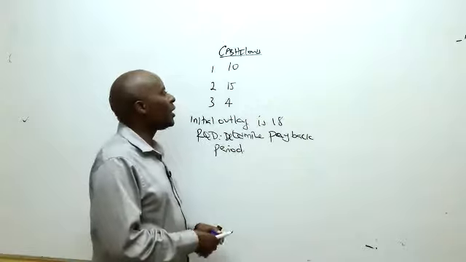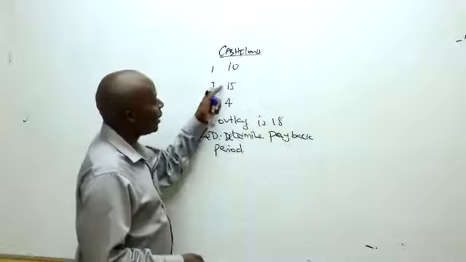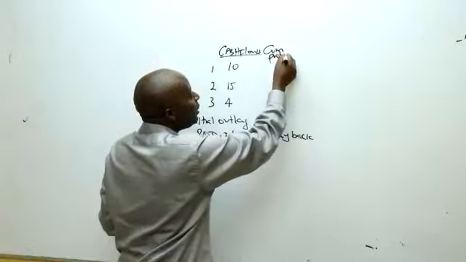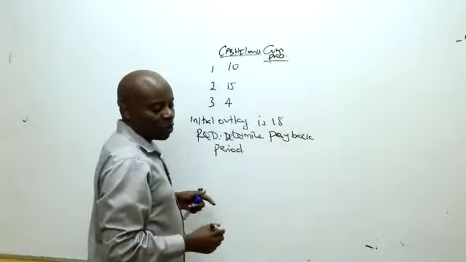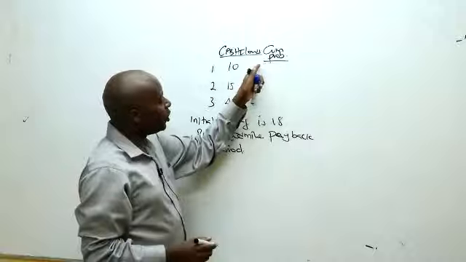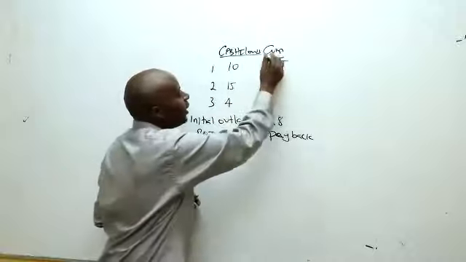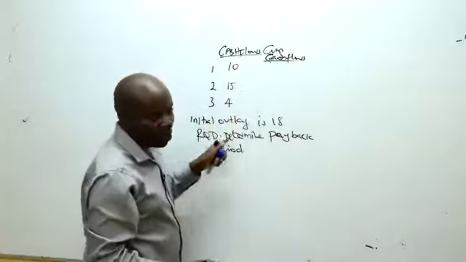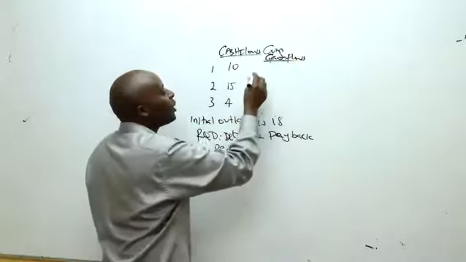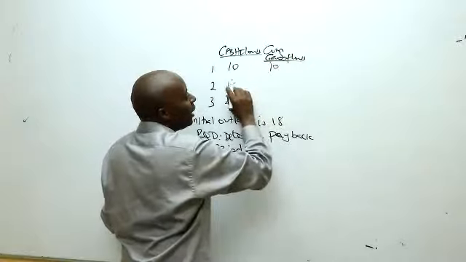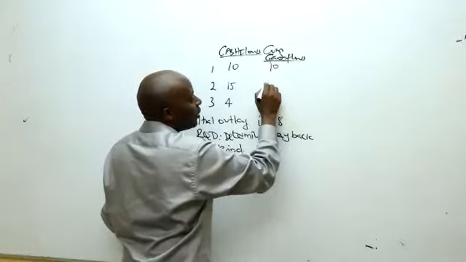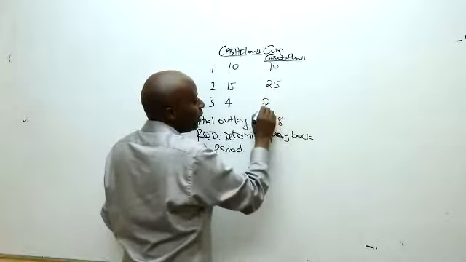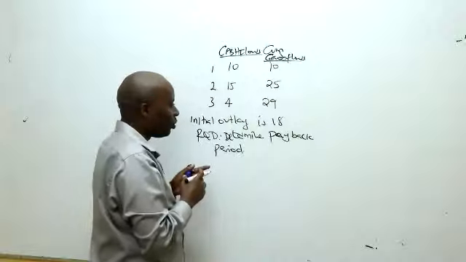The easiest thing to do, if you are given this kind of cash flows, is to come up with the cumulative cash flows, accumulating the cash flows downwards. We have 10, add these, that gives us 25, and add this 4, which gives a total accumulated cash flow of 29.